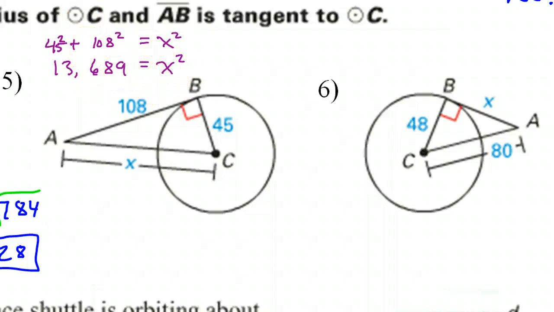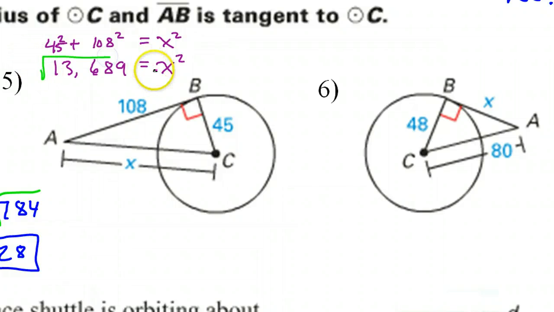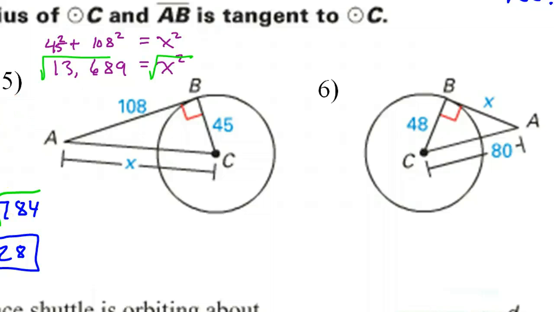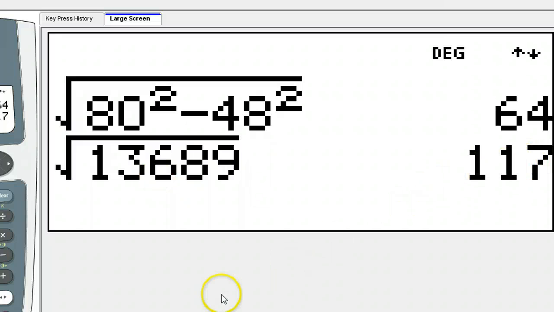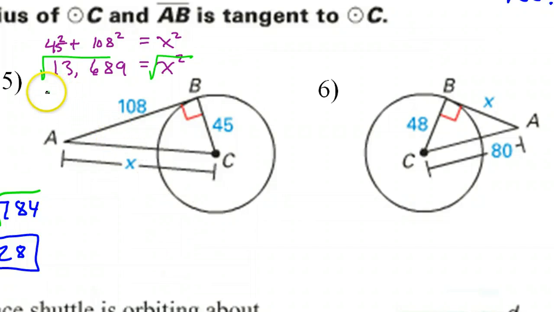So if I want to get x, I need to take the square root of both sides. Alright, the square root of 13,689 is 117. Okay, so that means x will equal 117.